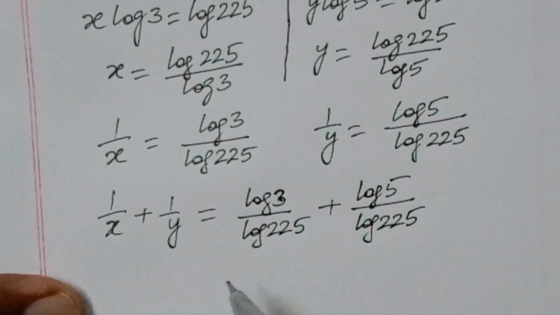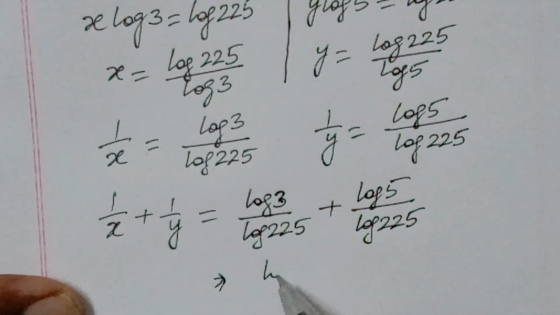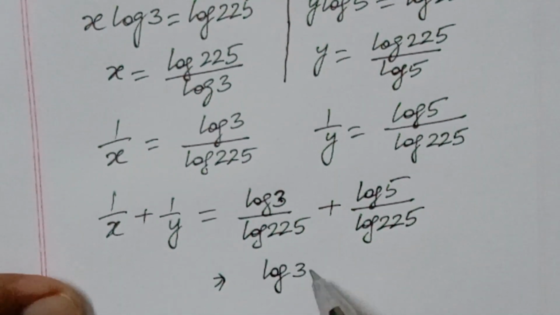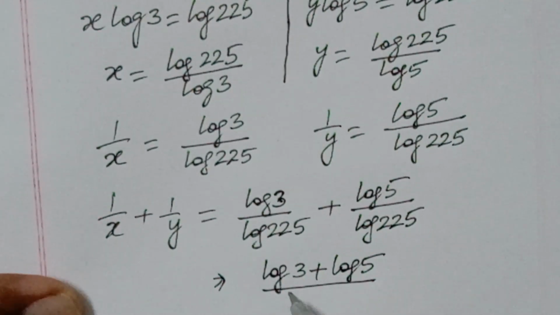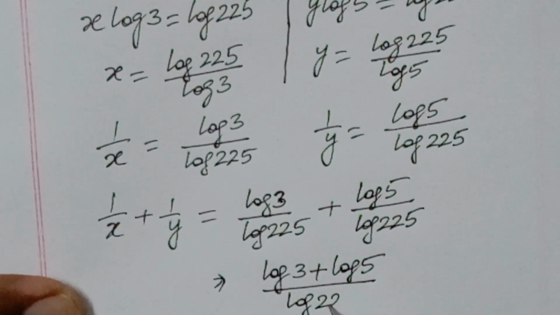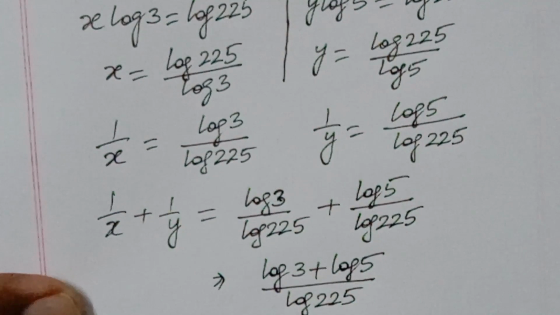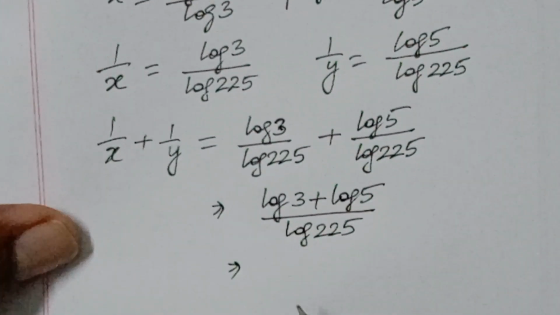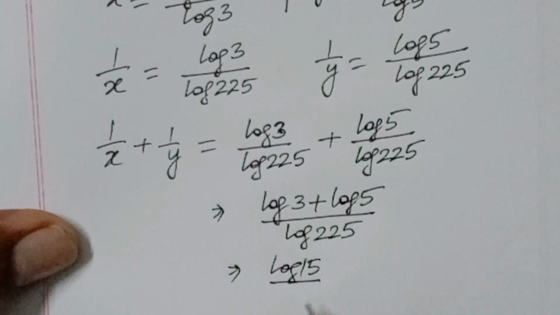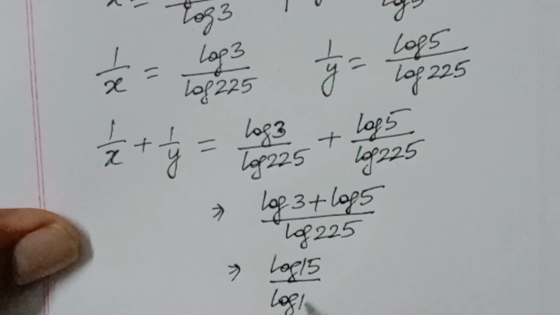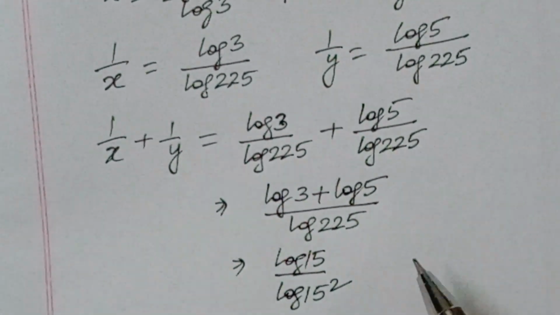If you add these two, the denominator is the same: log 3 plus log 5 by log 225. So this can be written as log 15 by log 15 square.